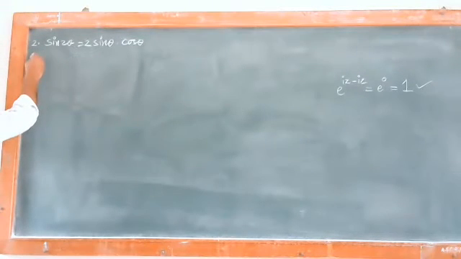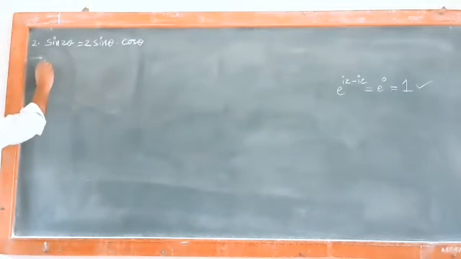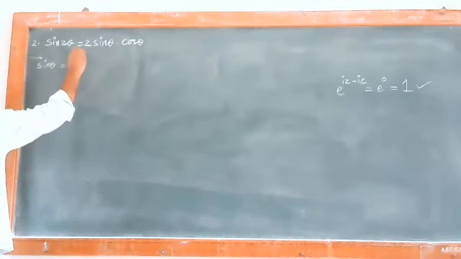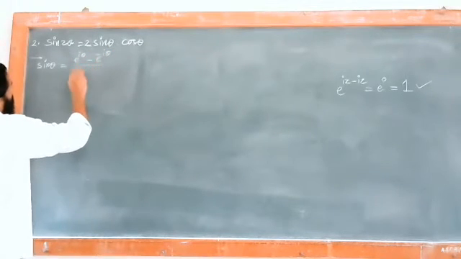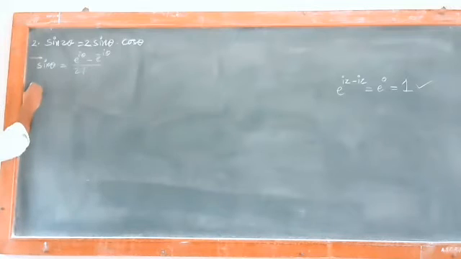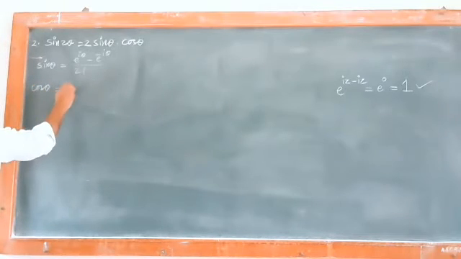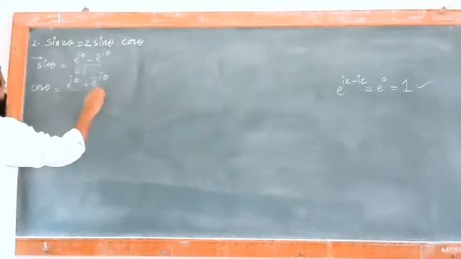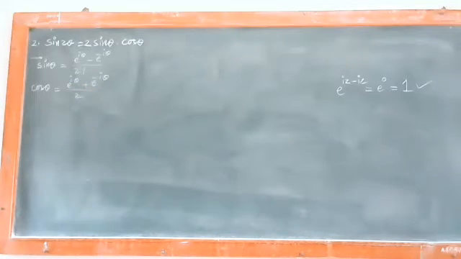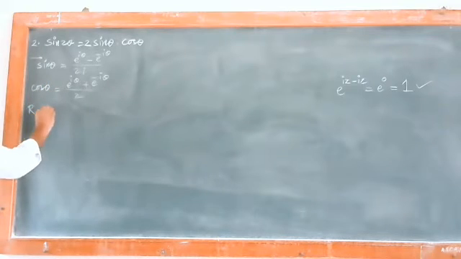So I'll take these conditions: sin theta is equal to e raised to i theta minus e raised to minus i theta divided by twice i, and cos of theta is equal to e raised to i theta plus e raised to minus i theta upon 2. Now we take the RHS, and we will show that it is equal to our LHS.